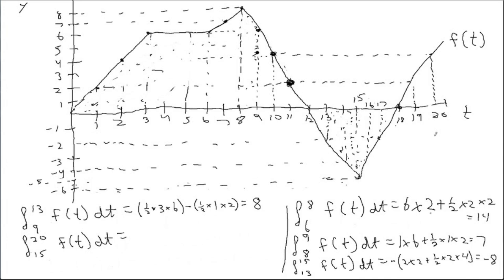Okay, that sounds good. Then we're going to subtract the area of the triangle between 15 and 18, and that is 1/2 of 3 times 6. So 1/2 of 6 is 3, times 3 is 9. And then 4 minus 9 is -5.